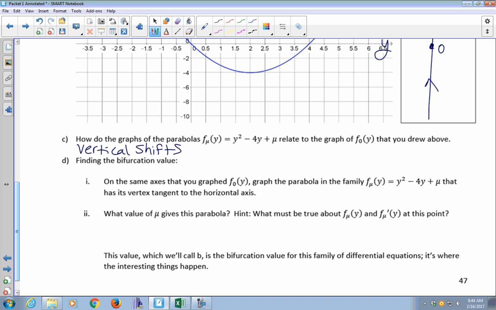We're looking for a specific mu where the quality of the solutions changes. Instead of having 2 equilibrium points with up, down, up for the arrows, we're looking for some qualitative change. It doesn't matter where those equilibrium solutions are, but we're looking for something different than 2. That would be where the parabola crosses the x-axis.